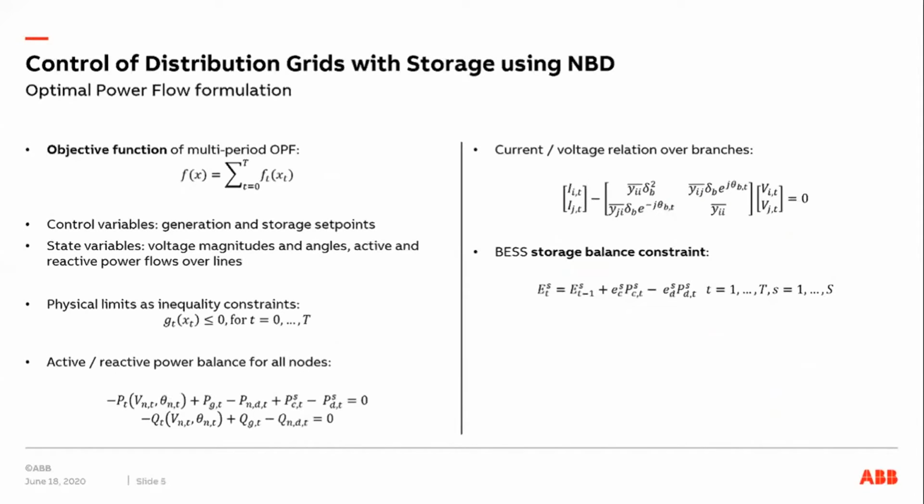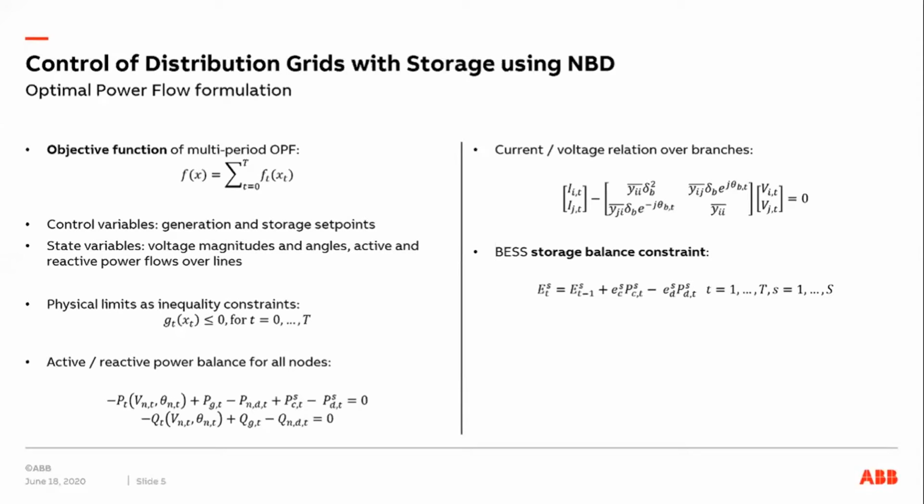A nonlinear multi-period optimal power flow problem for a time horizon T can, in general, be formulated as the task to minimize an objective function that consists of the sum of objective functions for a single time step. One possible objective function is represented as the sum of generator dispatch costs for the time horizon T. Control variables are generator and storage set points, while the state variables comprise voltage magnitude and angle, and active and reactive power flow over lines.